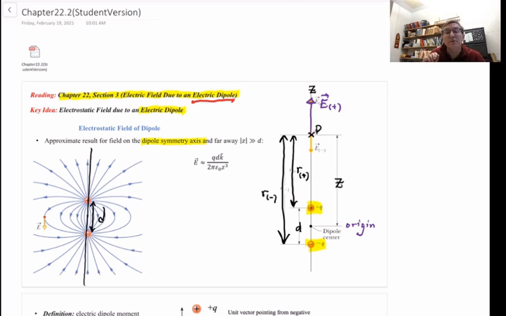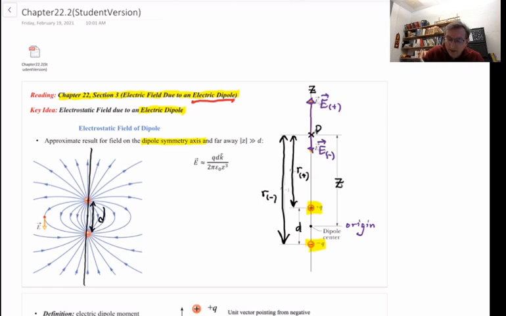Now the contribution to the total field at P from the negative charge will be smaller in magnitude than the contribution from the plus charge. You see why? Because the negative charge is farther away from point P. And it points in the negative z direction. Do you see why? Because the field from a negative charge points towards the negative charge. So that's this arrow right there that the author labels E minus.